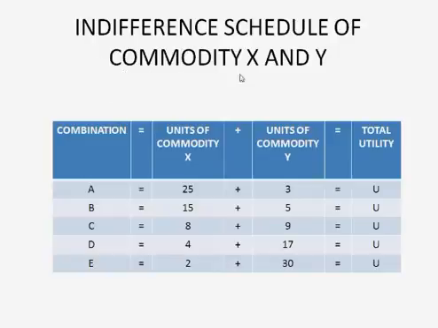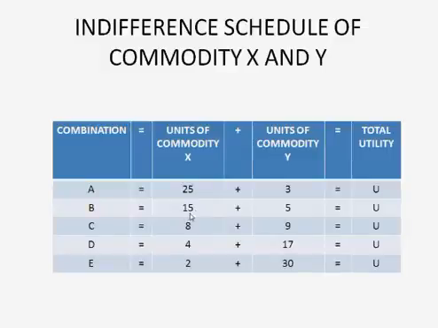We have two commodities, that is X and Y. Various combinations of units of X and Y have been used to make combinations A, B, C, D and E, which will give us the same level of total utility, that is U, in every case. Now in the first combination we are using 25 units of X and 3 units of Y, and we are getting the total utility, which is U.